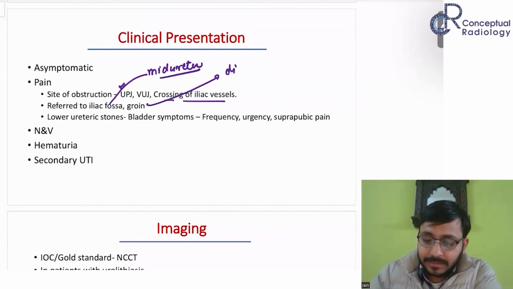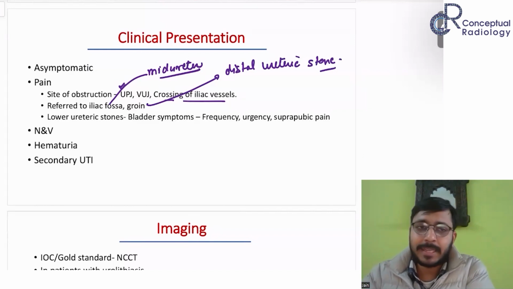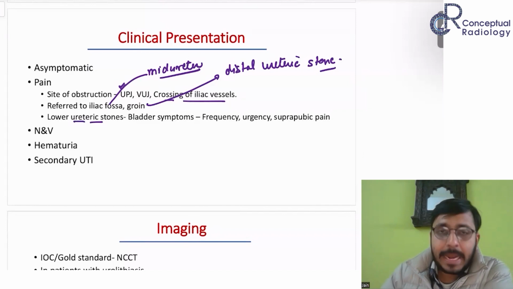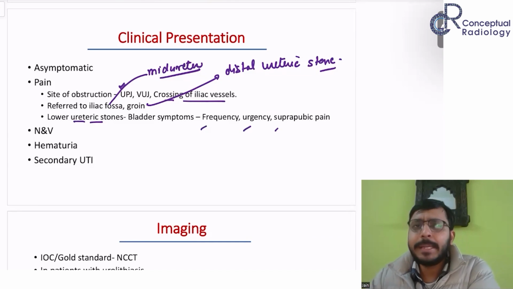But if it is a distal ureteric stone, then the referred pain will be in the groin. I think we know this from our anatomy and our PG preparation times as well. Now, specifically, lower ureteric stones have some bladder symptoms associated with them as well, like increased frequency, urgency, and suprapubic pain, mainly because they're closer to the urinary bladder.